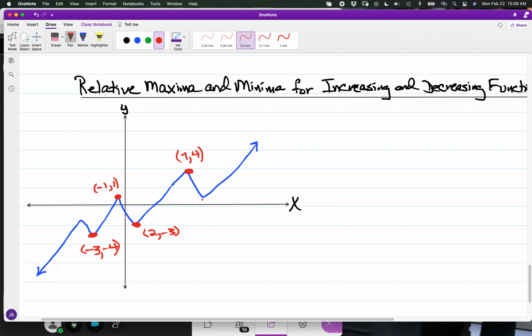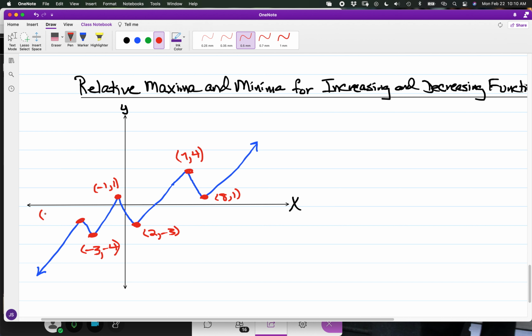Let's see, we have 7, 4. Eight, 1. So I'm just assigning ordered pairs for the peaks and the dips. So I have ordered pairs here: negative 4, 2, negative 3, negative 4, negative 1, 1. Let's say I have 2, negative 3, 7, 4, and 8, 1.